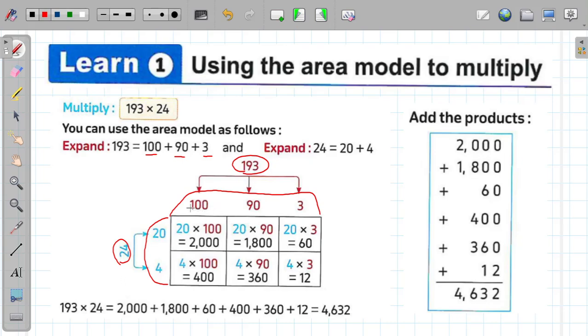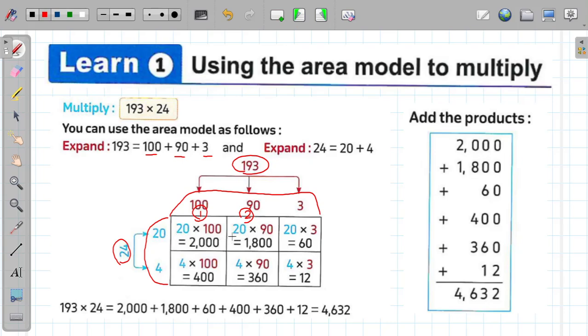So the first rectangle here, number 1, has sides 100 times 20. So I will multiply 20 times 100, so the result will be 2000.